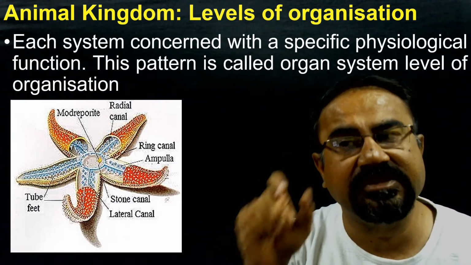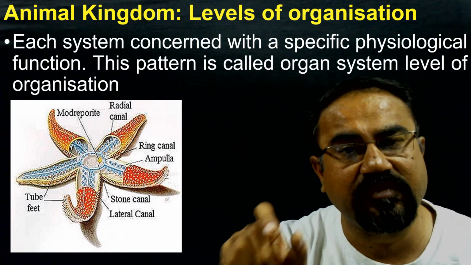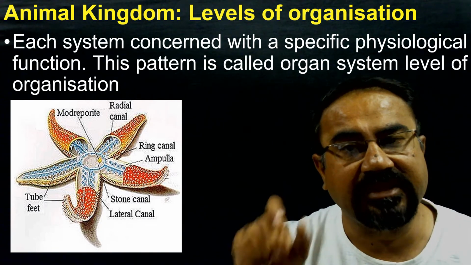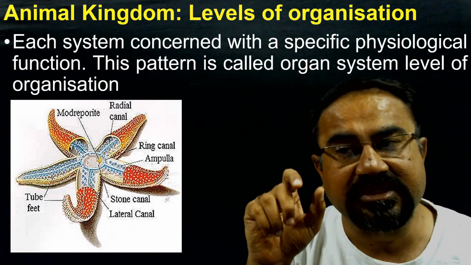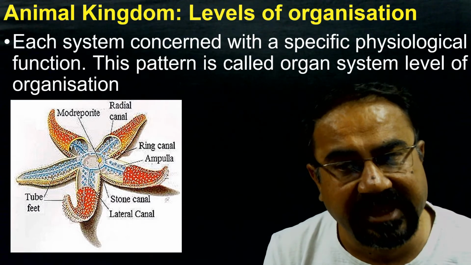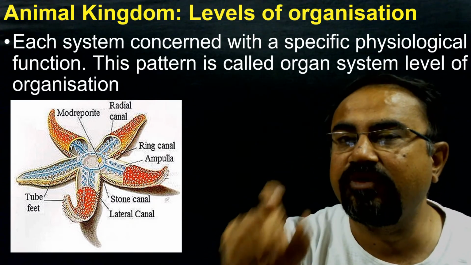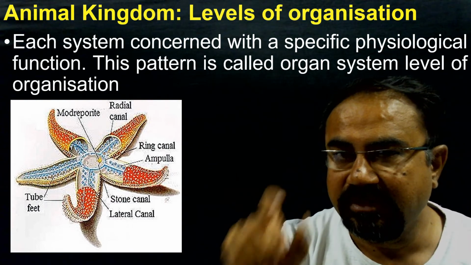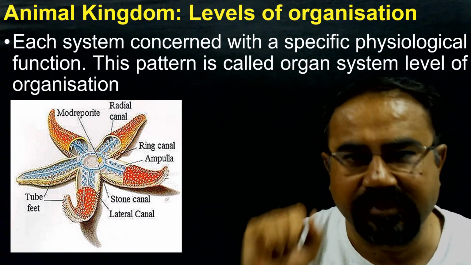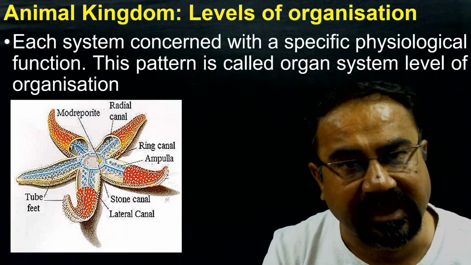Each system is concerned with a specific physiological function. Here a particular organ is known for a particular function. एक ऑर्गन जो है वो एक काम करता है, इसलिए इसको ऑर्गन लेवल कहते हैं.